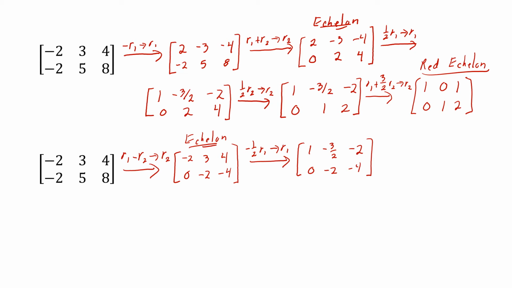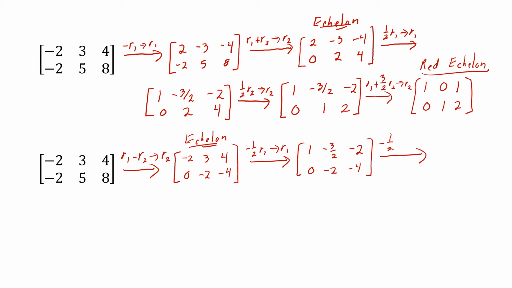Note that the matrix in echelon form is different from the one that we had before in echelon form. Not a whole lot different in this case, it's just negative, but it is a different matrix. So echelon forms for a matrix can give you different things. So now we're going to continue and try to get to row reduced echelon form.